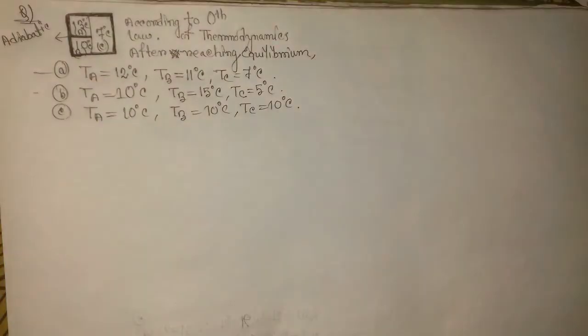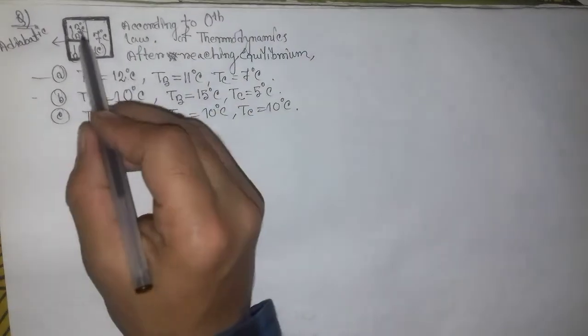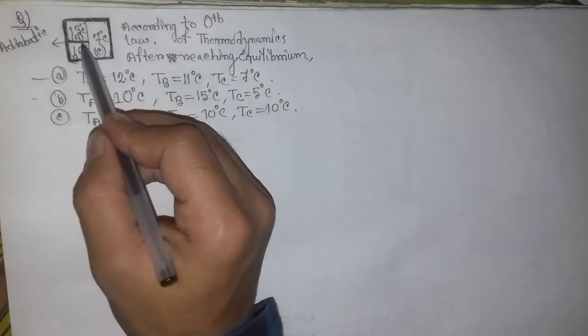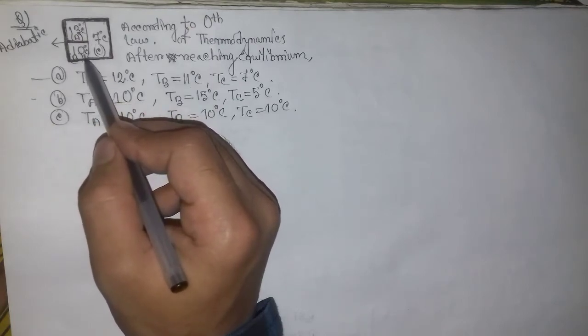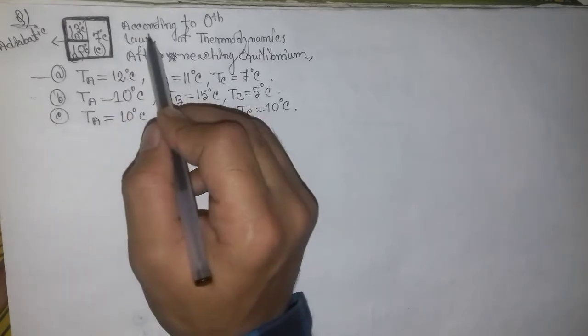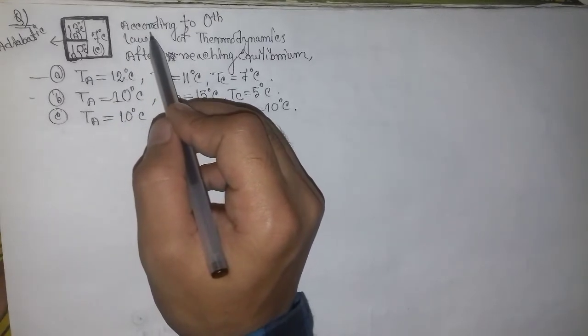Let's solve some questions on the zeroth law of thermodynamics to make our basics strong. Here's the first one. Initially body A has temperature 13 degrees, body B has temperature 10 degrees, and C 7 degrees centigrade. What will happen after achieving equilibrium according to the zeroth law?